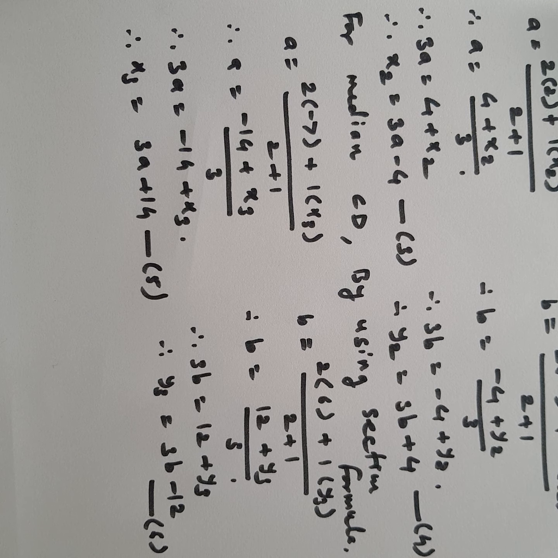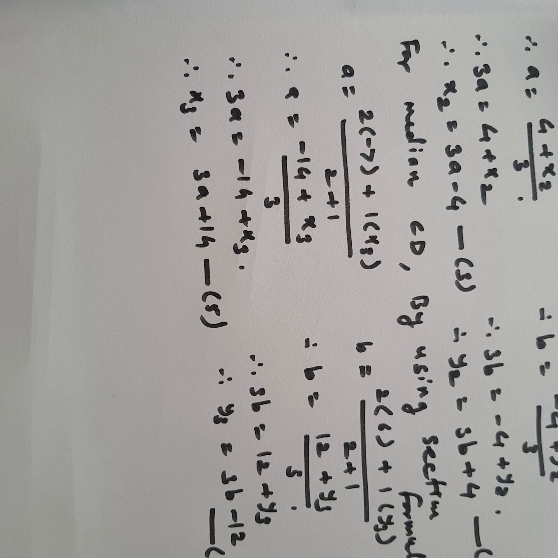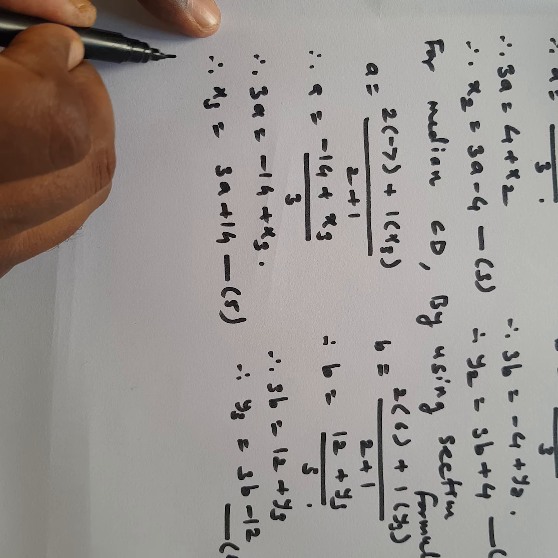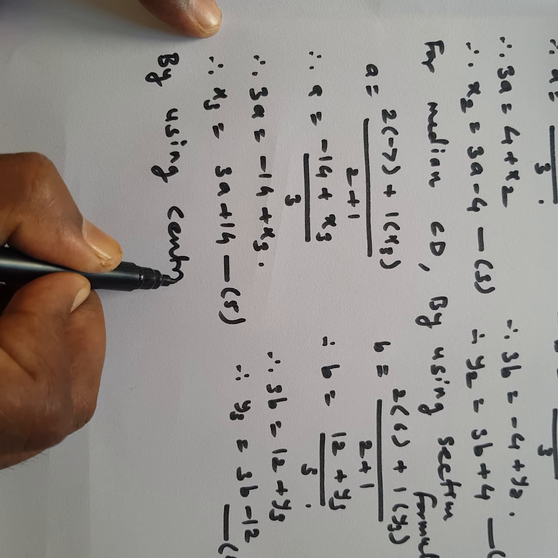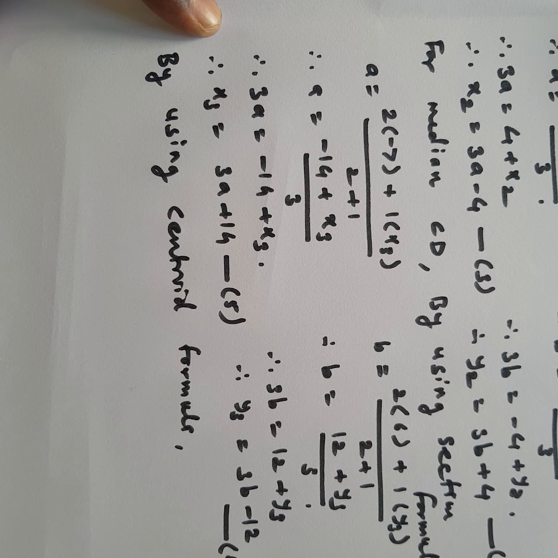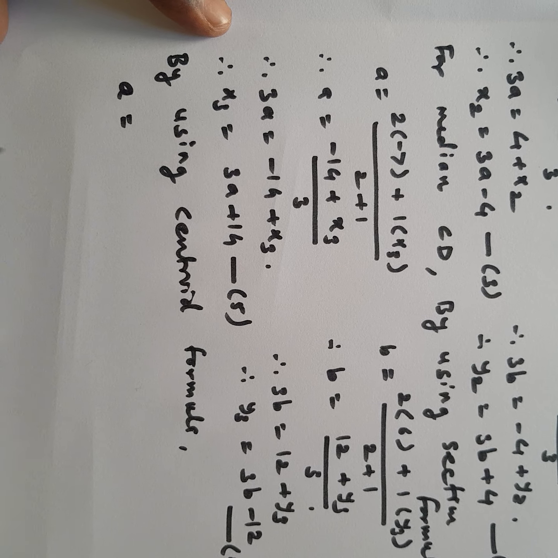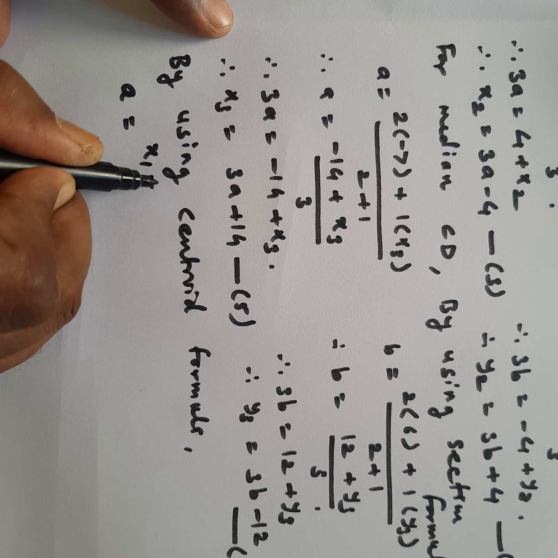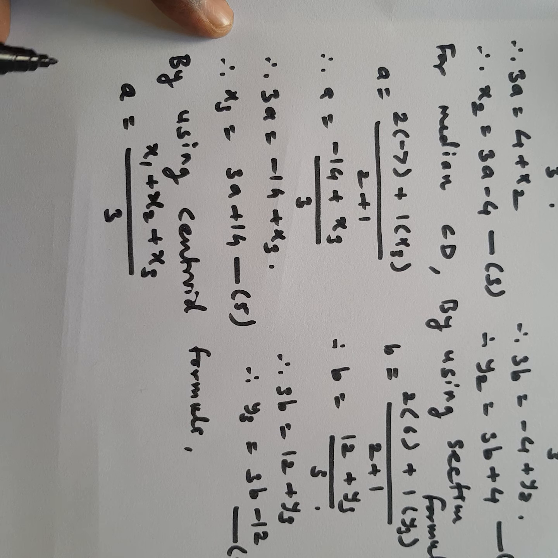Now we have got the values of x1, y1, x2, y2, x3, y3, that is, the coordinates of the vertices. Therefore we can now use the centroid formula. Here x coordinate of the centroid, that is a, is equal to (x1 + x2 + x3) upon 3.